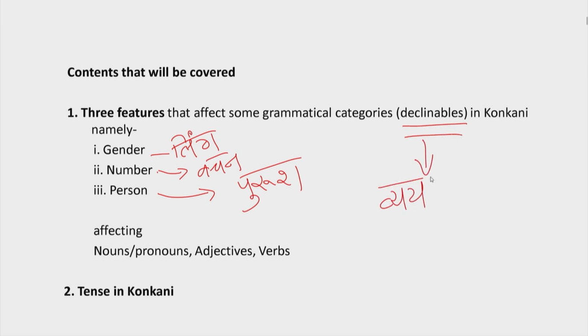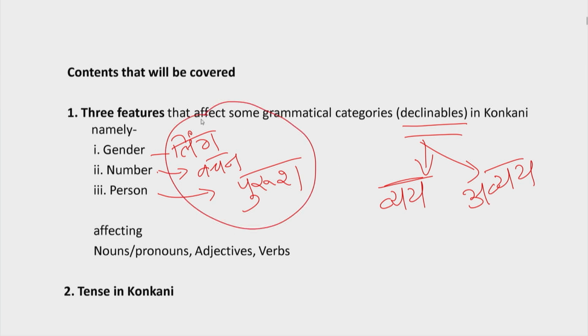Vyay means to change, and the words that do not change are called as avyay. So these three features, linga, vachan, purush, or gender, number, and person, influence certain grammatical categories.